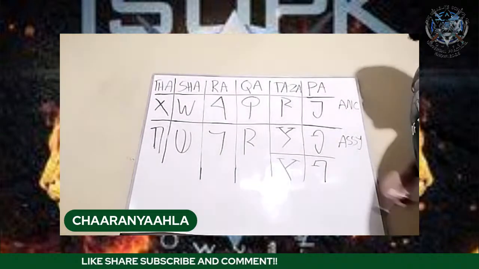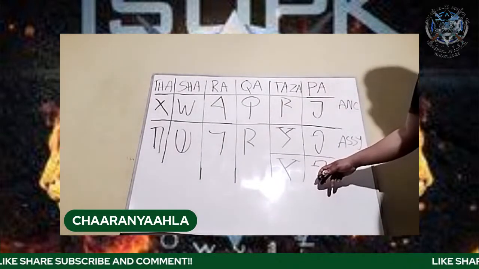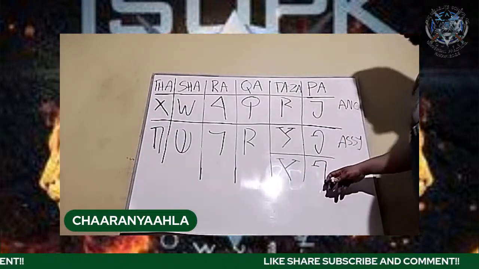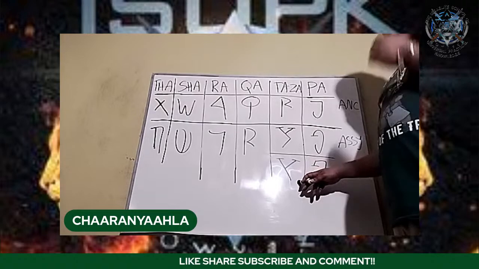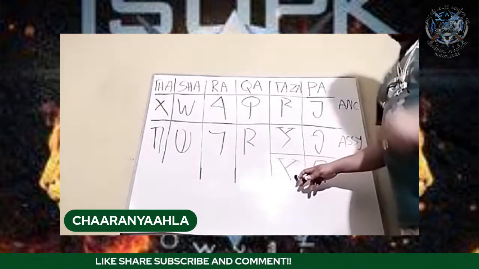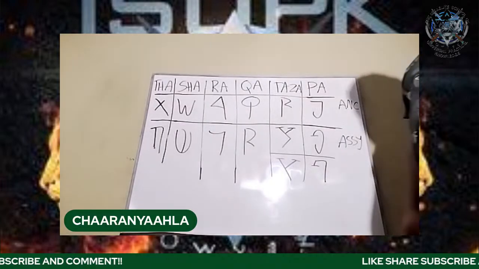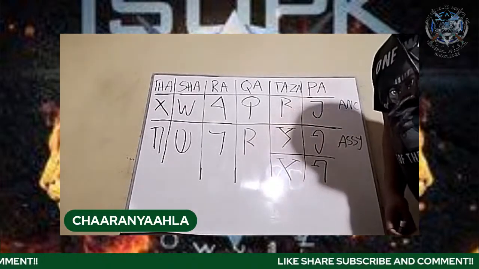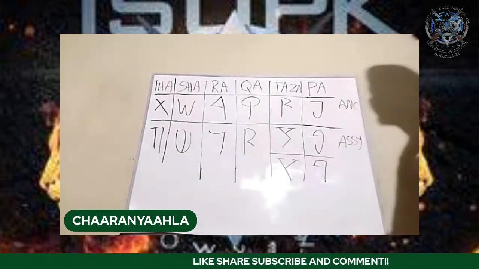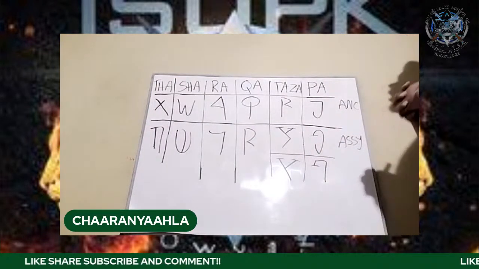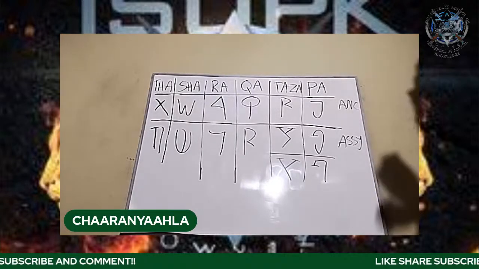Once again, this is the Pa popping up at the end of a word in the Assyrian Hebrew, and the Tazah character popping up at the end of a word in the Assyrian Hebrew. All right. Make sure y'all can see that good. Okay, it looks good. All right. Once again, Pa, Tazah, Kwa, Ra, Sha, and Fa.